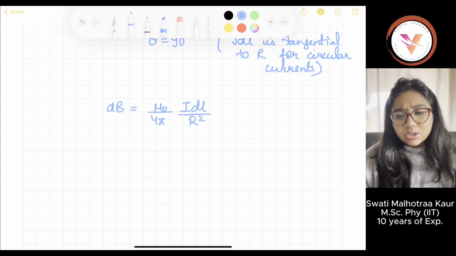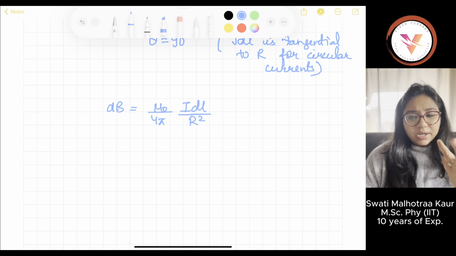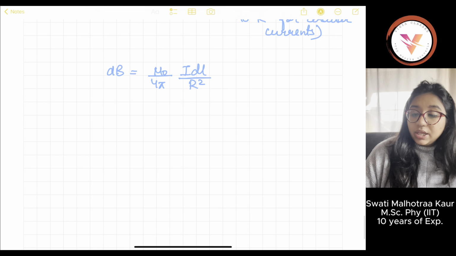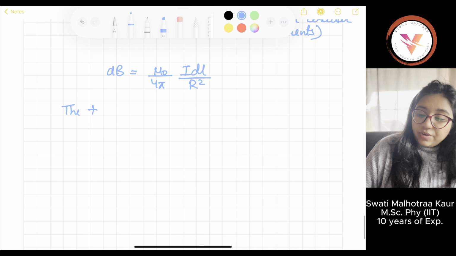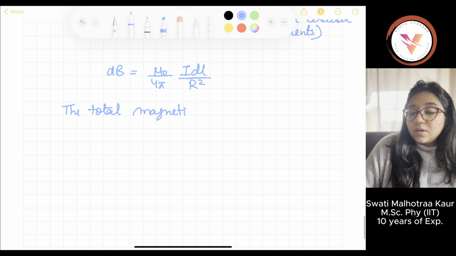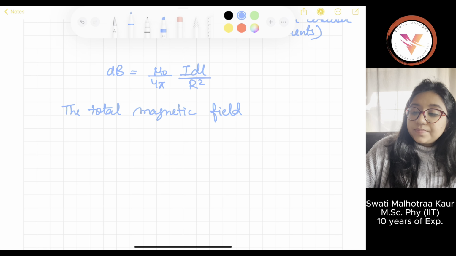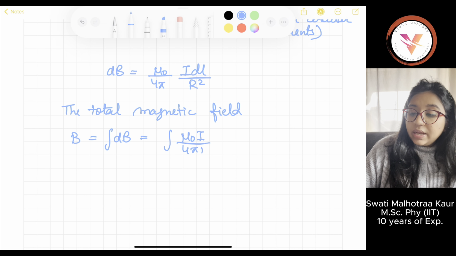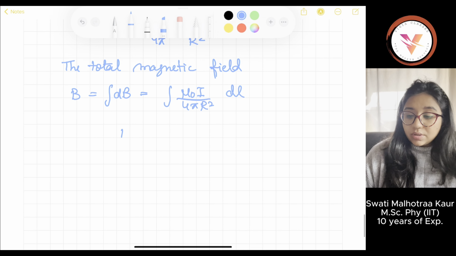Now here everything is constant. Mu naught I is constant, 4 pi R square is constant. So the integration is very easy. All we have to do is integrate dl. So the total magnetic field is the integral of dB, which is basically the integration of dl only, and that is the circumference of the circular loop.